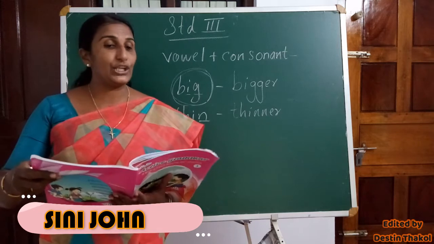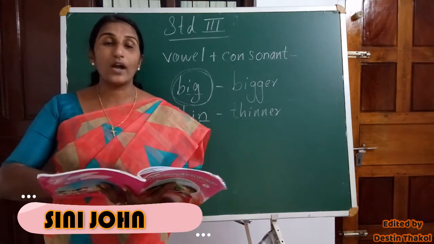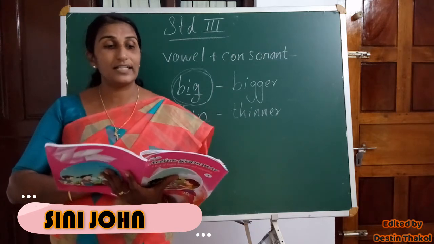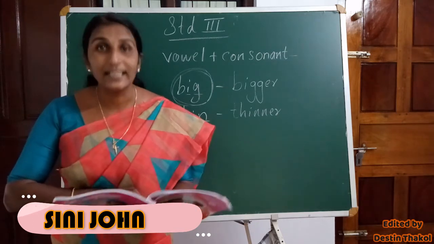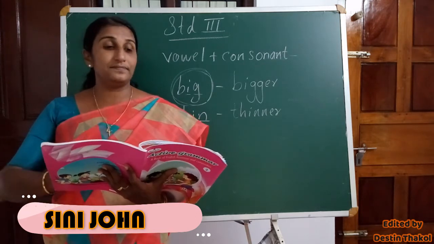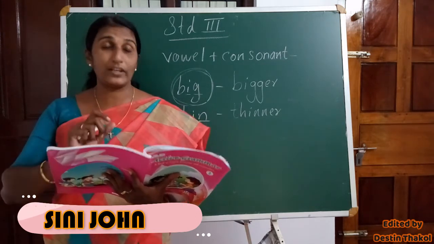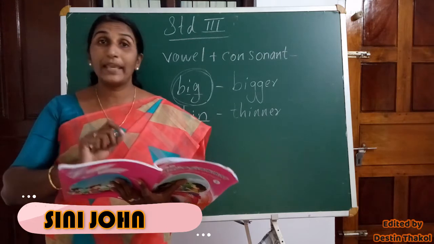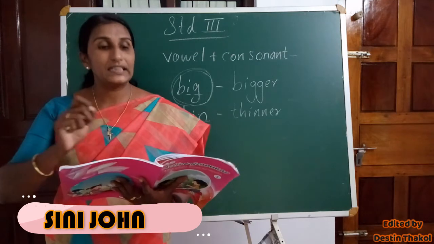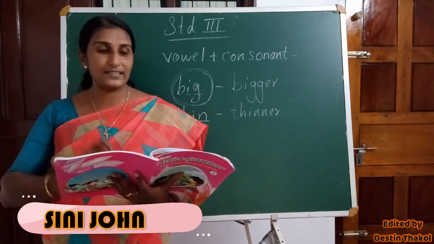When an adjective ends with a vowel plus consonant, the consonant is doubled before adding er. Then we can see some words there: big, bigger, hot, hotter, thin, thinner, fat, fatter.